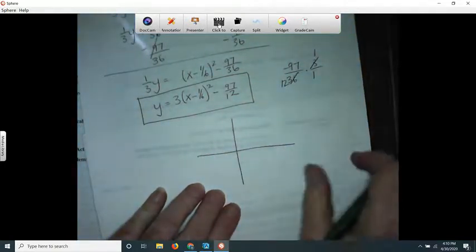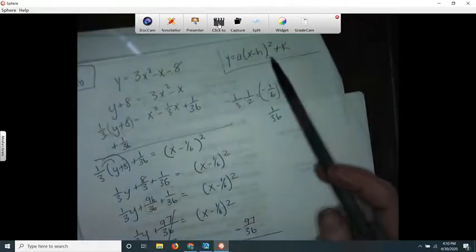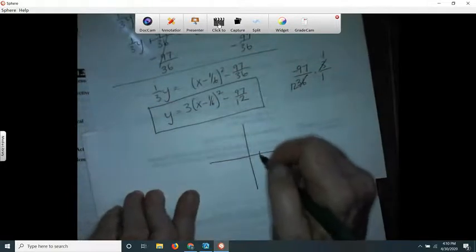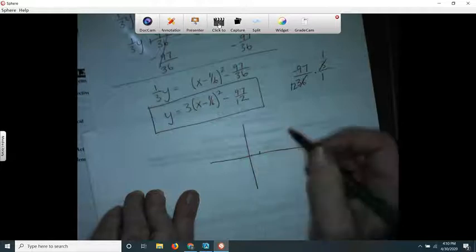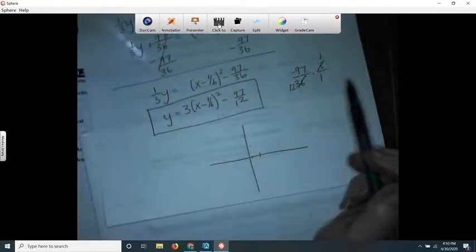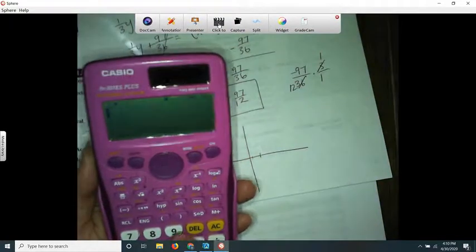If you remember, h and k give me the vertex. So it's going to be right by 1/6. If this is 1, then the vertex is going to be, I'll just say, in here somewhere. It's like 1/6. And 97/12 is about, I don't know, is it about 8 or 9, or let's just see exactly what it is.